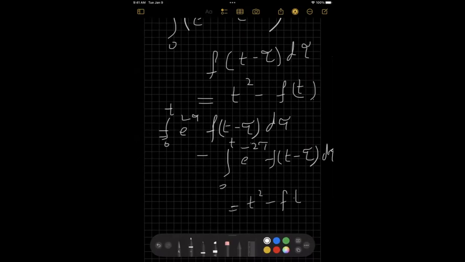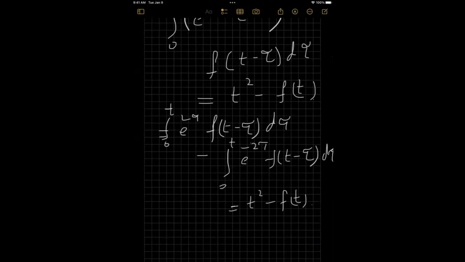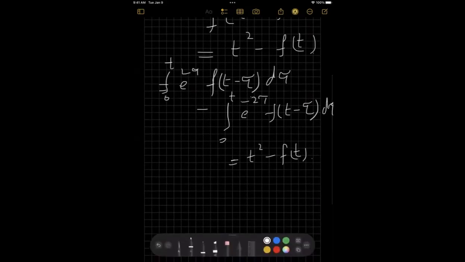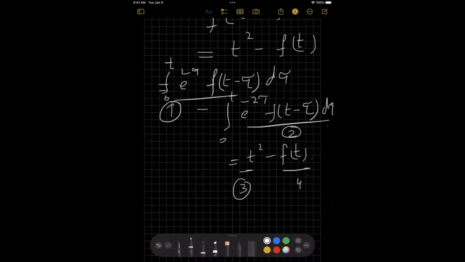I just rewrote the equation. So this is our first integral, this is our second integral, and this is third and this is fourth. We will deal with them: 1, 2, 3, and 4.